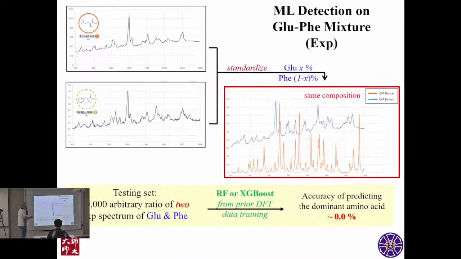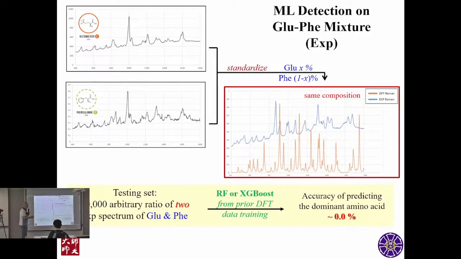The first one is we need to make the peak sharper because experimental measurements are not as sharp as DFT. You look at the comparison of this. This is the experimental peak. This is the DFT peak. The reason random forest can tell among the DFT signals is the peak is so sharp. There's so much information here. So it's very easy for random forest to tell what is what.